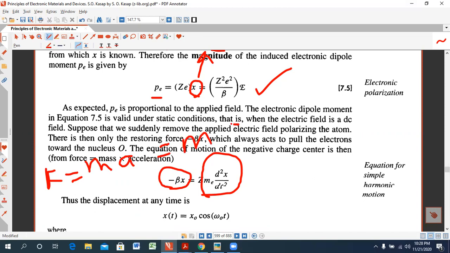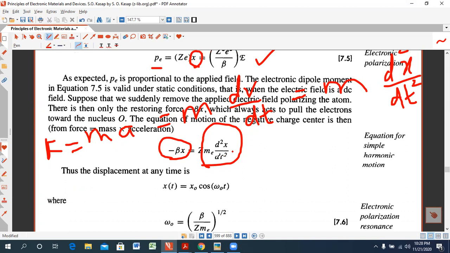M is a constant, dv divided by dt, and if we take another derivative, that is m d square x divided by dt square.